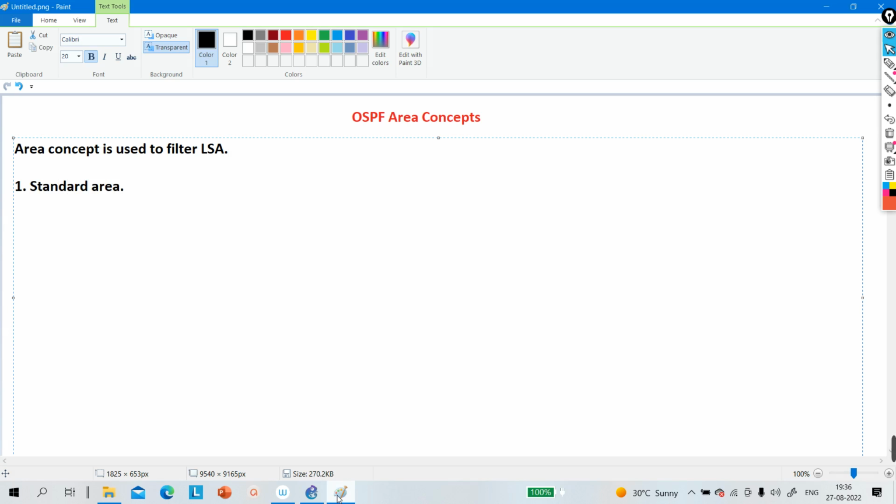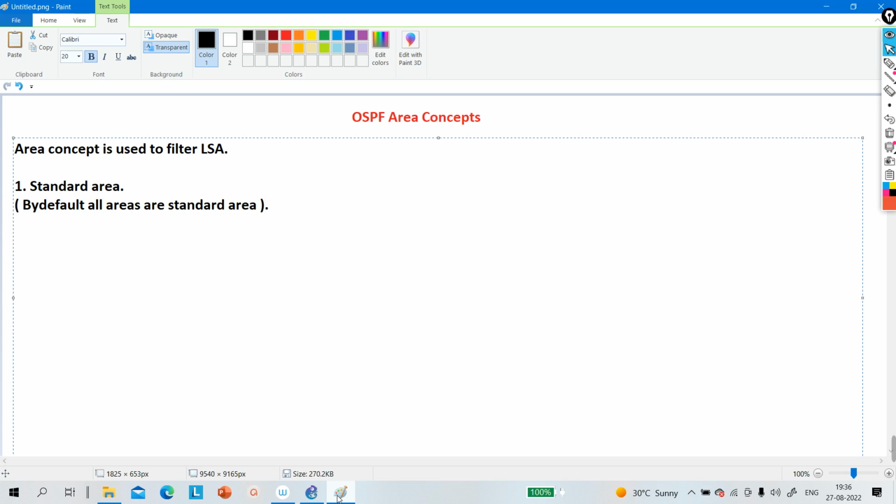And by default all areas are standard areas. Even if you talk about the backbone area or a regular area, by default all areas are standard areas, and in a standard area all types of LSA are allowed, right? In a standard area all types of LSA are allowed.